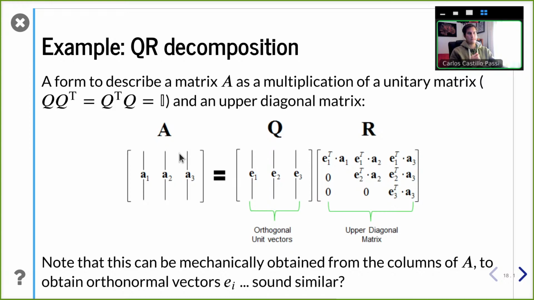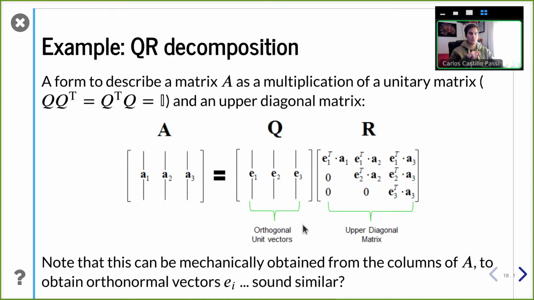And if these matrices satisfy some properties that we are interested in, that's called a matrix factorization. So basically, you're writing this matrix A with these columns A1, A2, A3 as a matrix multiplication of this matrix Q and this matrix R, that in this case have 2 very particular properties.